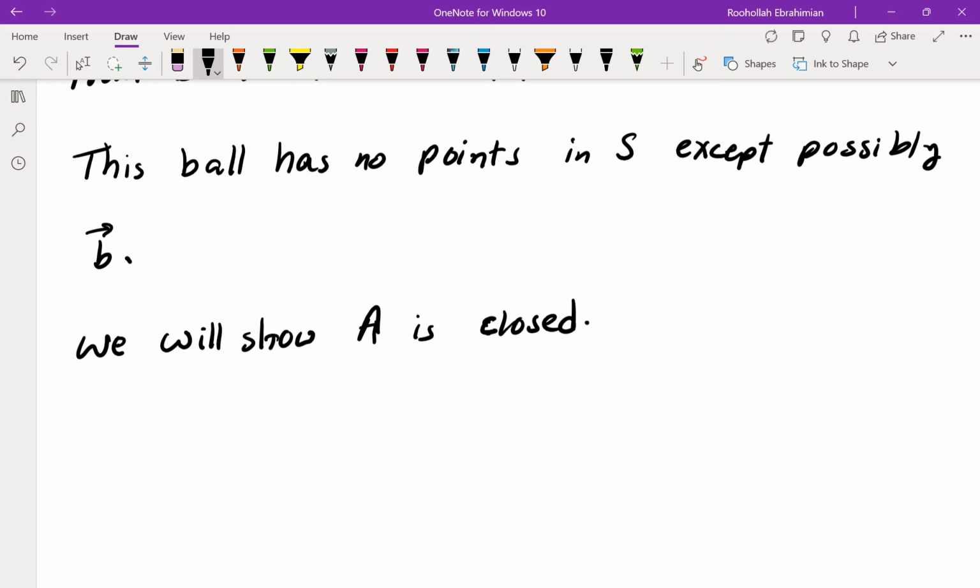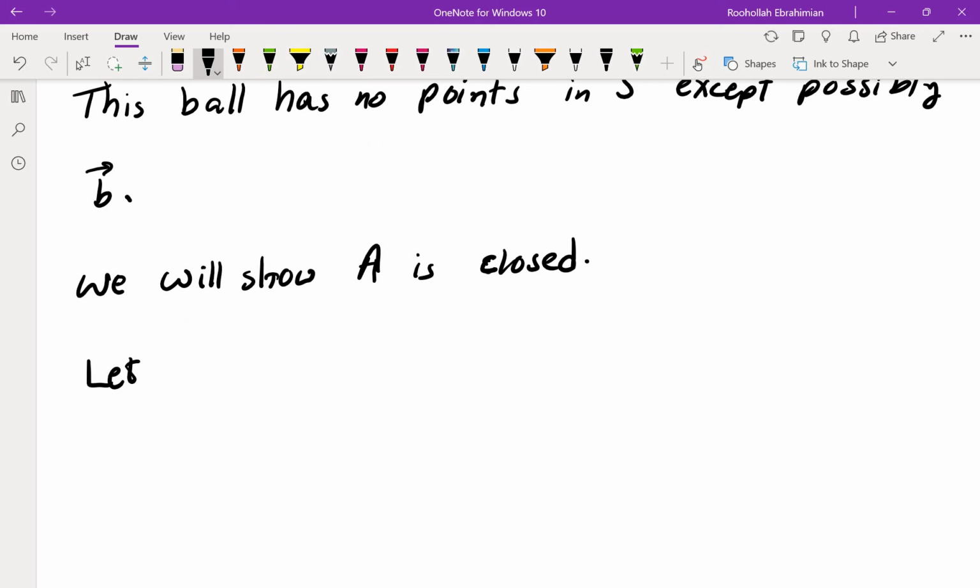So limit points seem to be a better approach here, because compactness also talks about limit points. So let X be a limit point of A. So we will have to show that X is also in A.